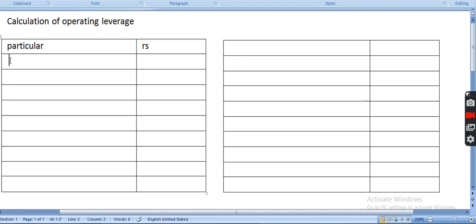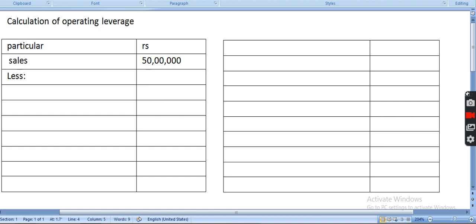So first we will start from sales. Sales is given, that is 50 lakh rupees.